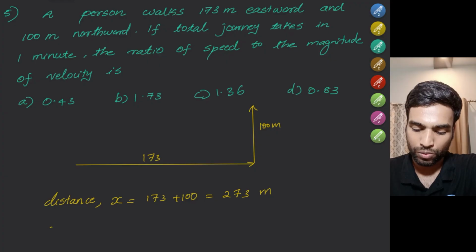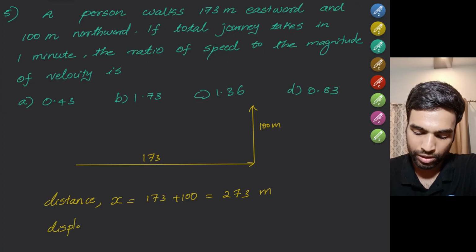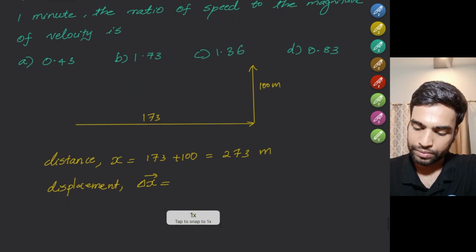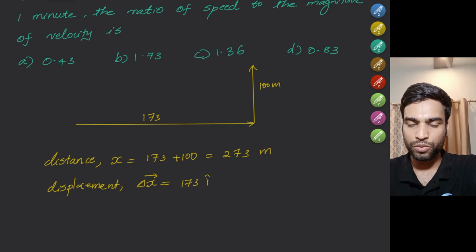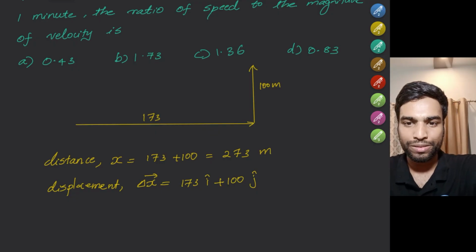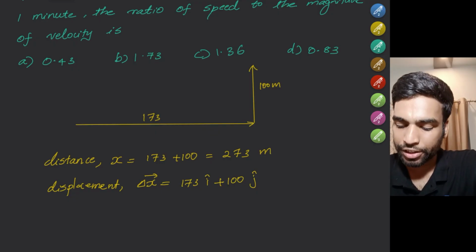Now, what about displacement? Displacement delta x vector is equal to 173 i cap, because it is the positive x direction, plus 100 j cap, because 100 meter northward means it is in the positive y direction, correct?